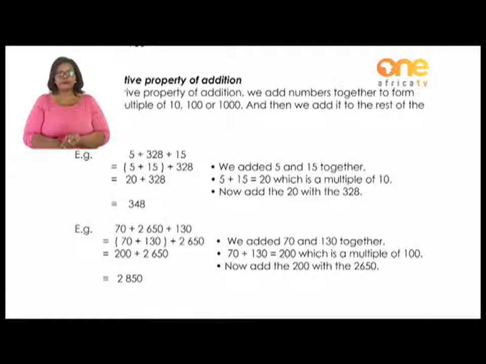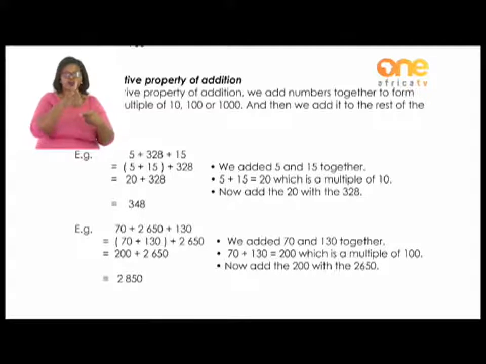Now let's go over to our examples in our book. Example 1, 5 plus 328 plus 15. Now we have to group numbers together, to give us a multiple of 10 or 100 or 1,000.